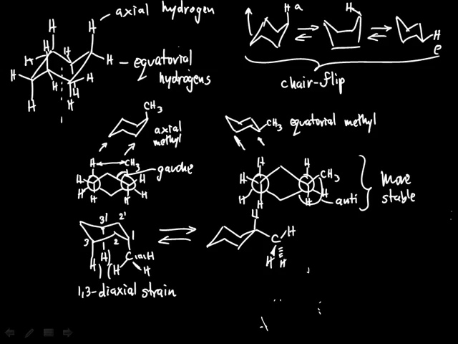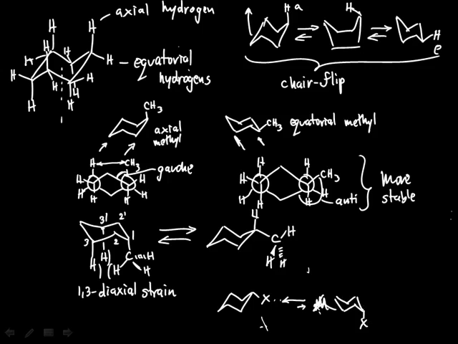Now, it seems pretty straightforward that the larger the substituent, the larger this effect. And so if we look at some general equilibrium where we have X substituent equatorial, or that X substituent axial, they will all prefer equatorial.